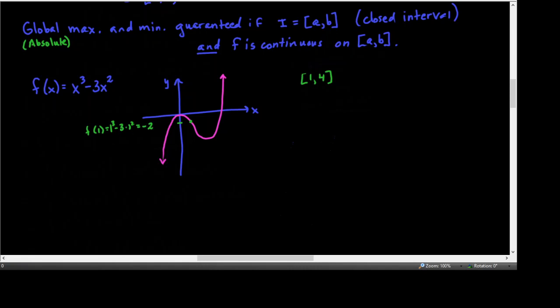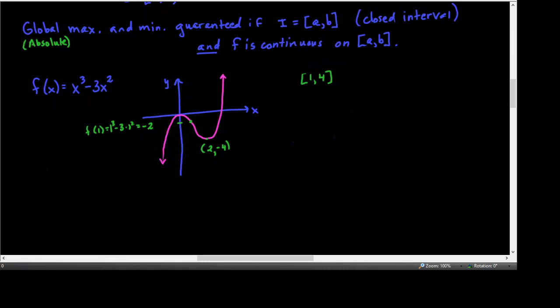Okay, so that's a value of negative 2. Visually speaking, this point down here looks like it's a low point, and we'd have to find out where that happens. And I'll just tell you right now it's at 2, negative 4. We'll later figure out how to find that. But we're just going off of a graph that, let's say, we've done a really good job of graphing, and we can find all of these points easily.